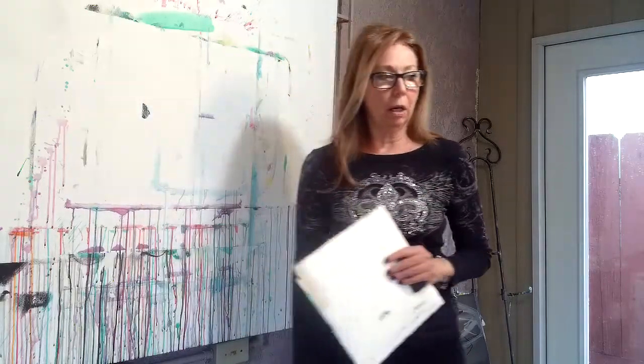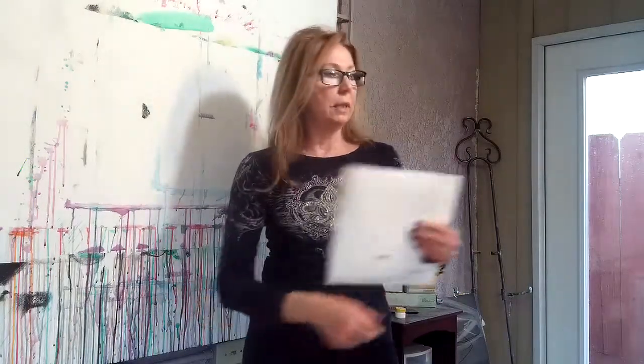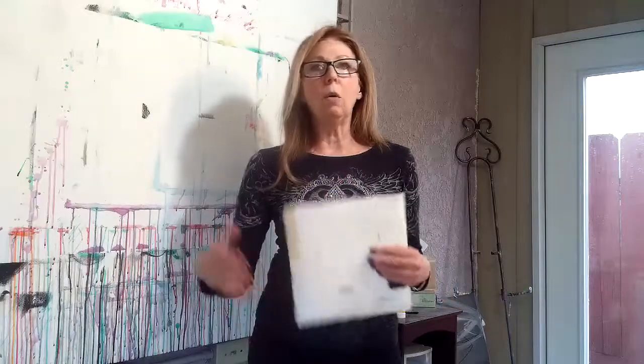When a representational painter decides to paint, they usually set up a still life, or they go outside and do a landscape. They might set up a vase of flowers or a bowl of fruit or whatever.